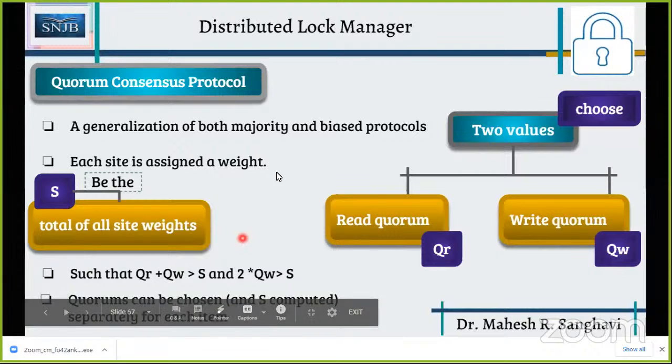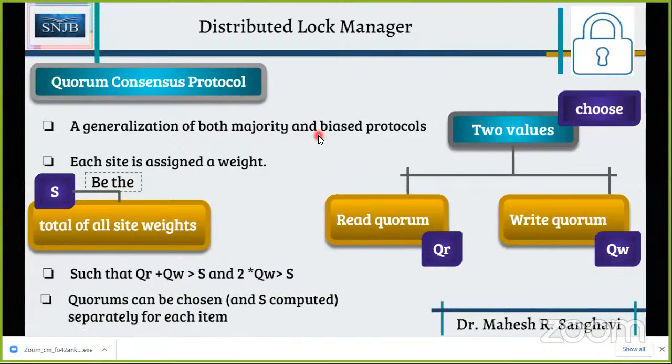If this condition is satisfied, the quorum can be chosen, and S will be computed separately for each and every site. So every time we need to do this.